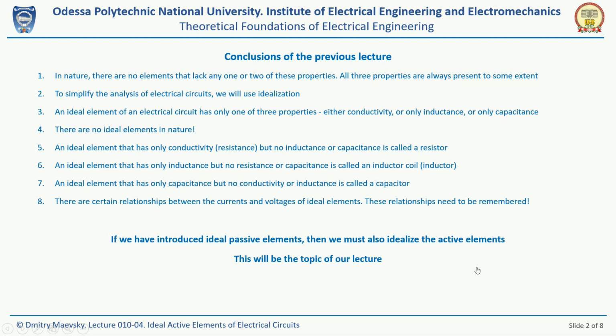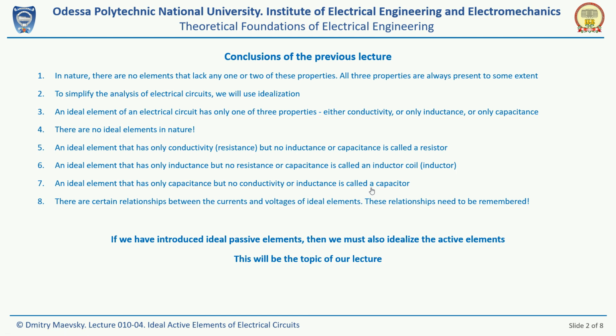In our previous lecture, we learned that each real element of an electrical circuit has all three properties: conductivity, inductance, and capacitance. To simplify the analysis of electrical circuits, we introduced the concept of three ideal passive elements. These ideal elements are a resistor, which has only conductivity, an inductor, which has only inductive properties, and a capacitor, which has only capacitance.